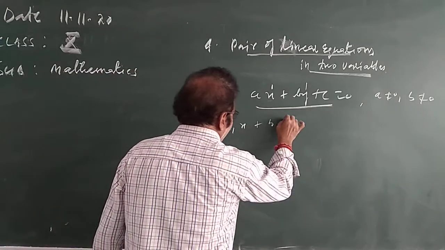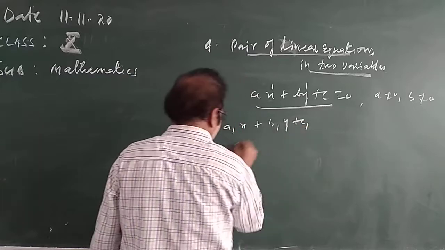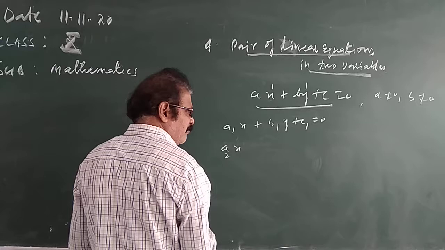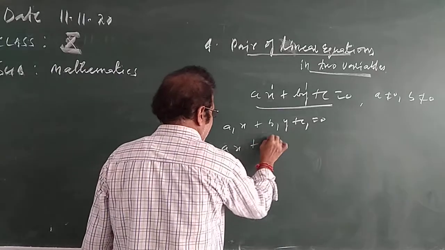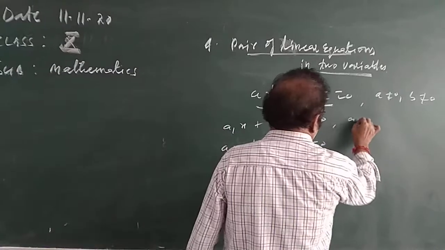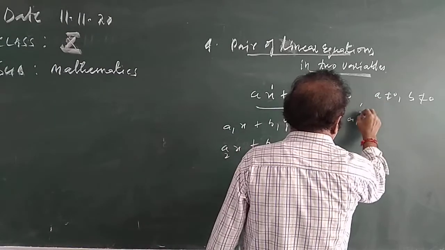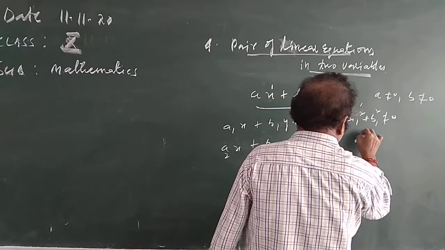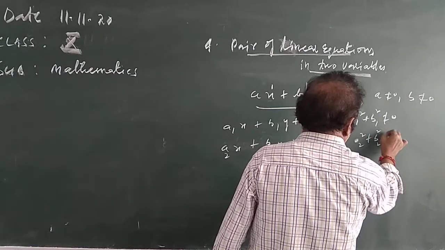a1x plus b1y plus c1 equal to 0, one line, and the other linear equation is a2x plus b2y plus c2 equal to 0. The condition is what? a1 square plus b1 square is not equal to 0, a2 square plus b2 square is not equal to 0.